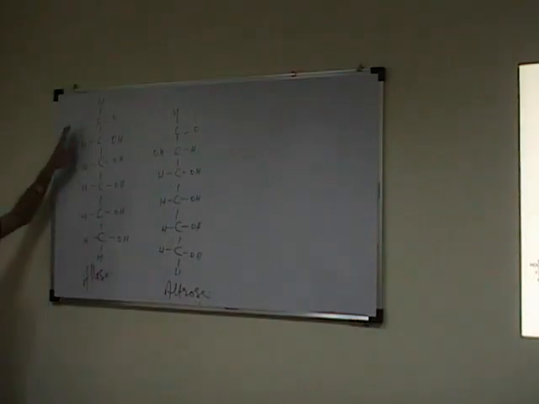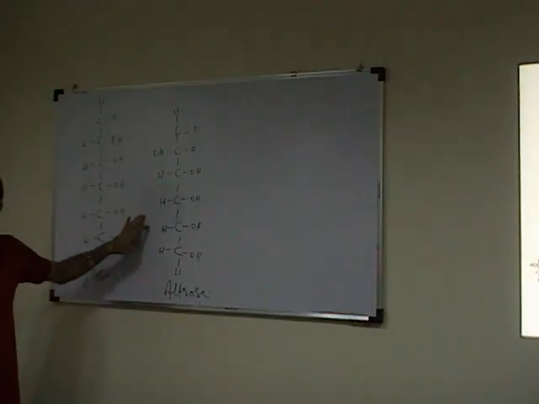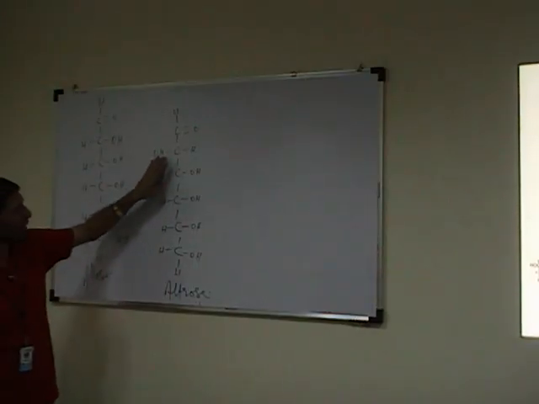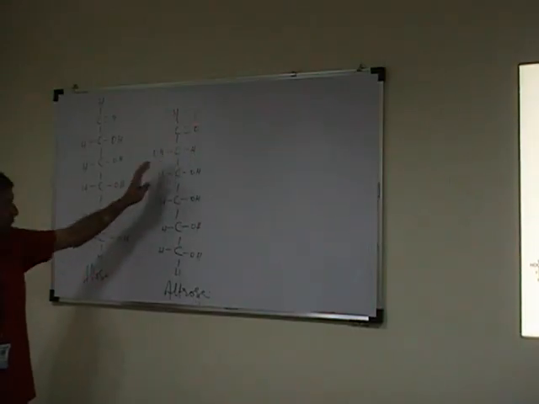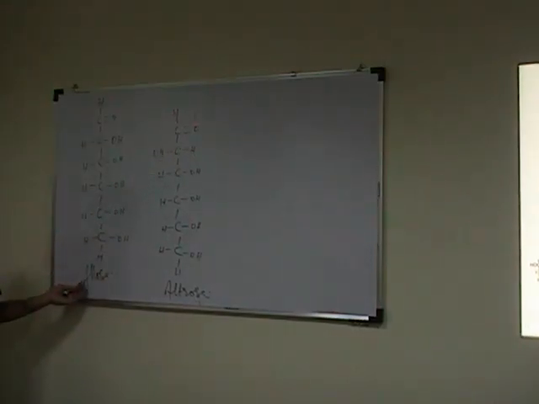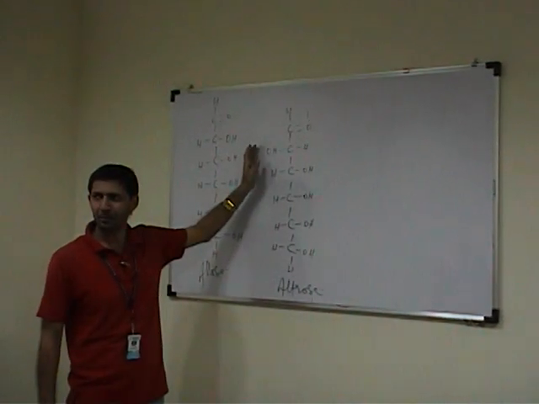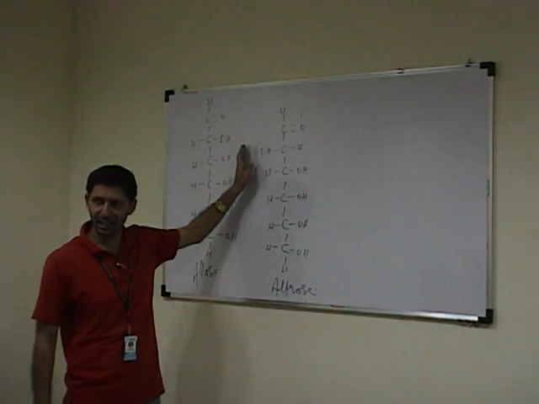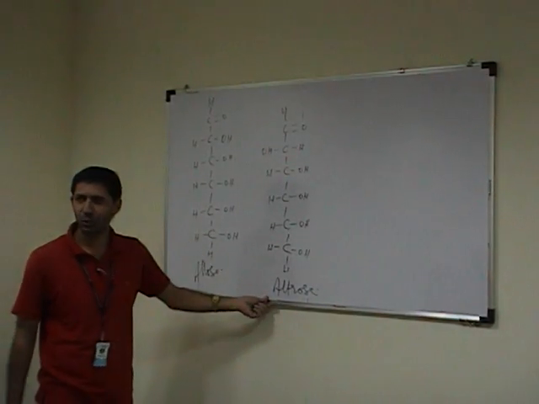In this case, all hydrogens are in left and all hydroxyls in the right. Except at the second carbon, all are similar to allose. At the second carbon, OH is at the left side and H is in the right side. Therefore, it is altrose.